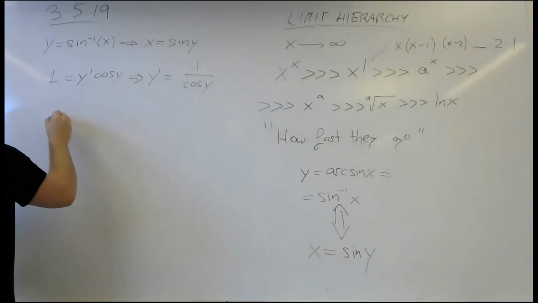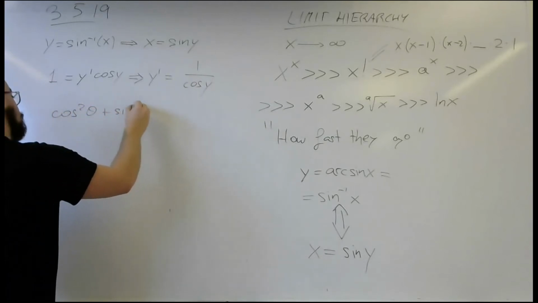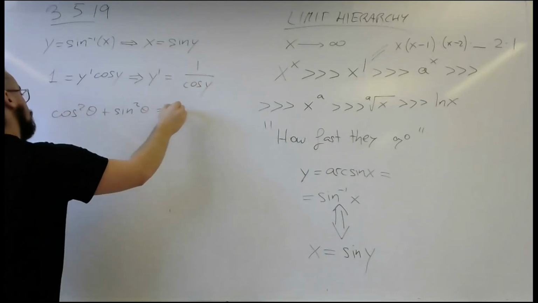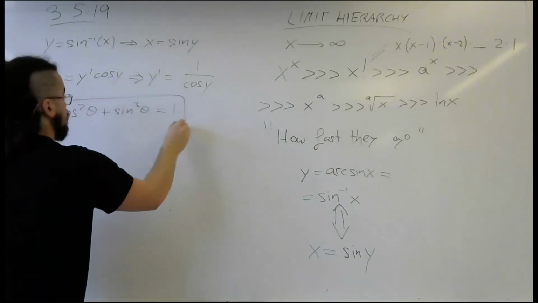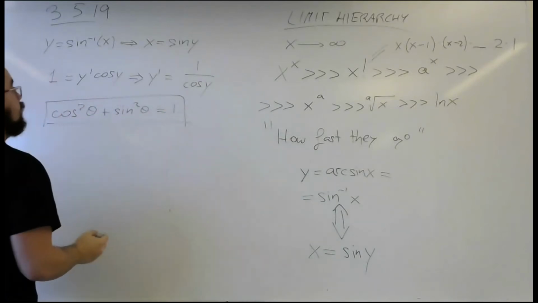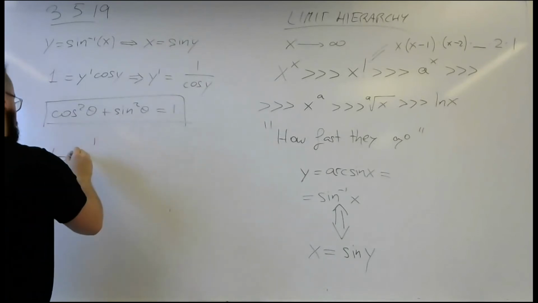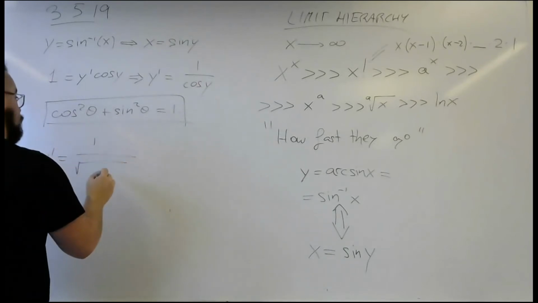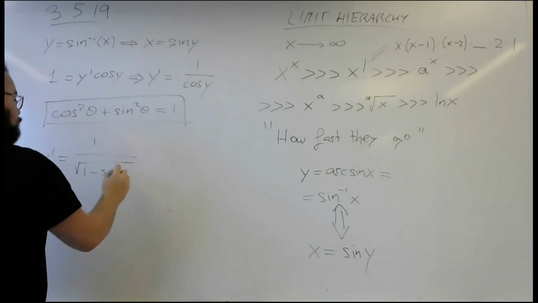Now I'm using the following identity here. I told you we would see it again. So y prime is 1 over square root of 1 minus sine squared of y.